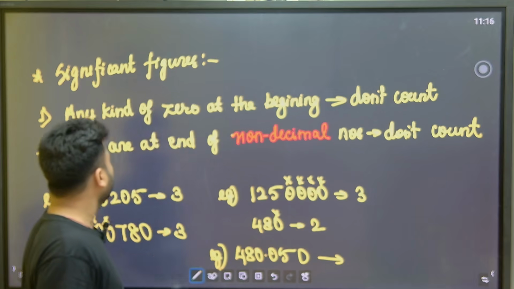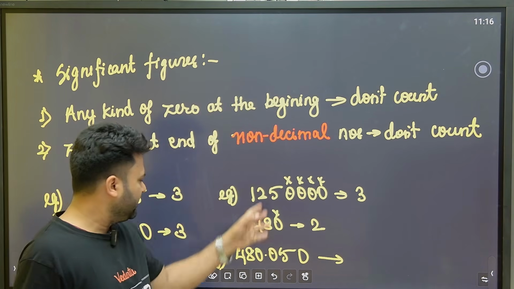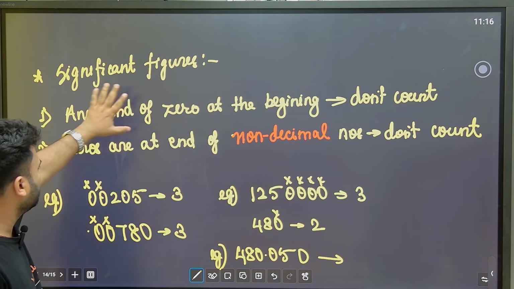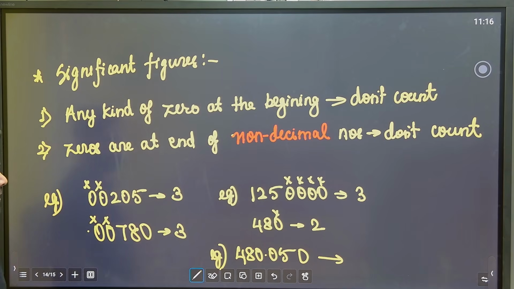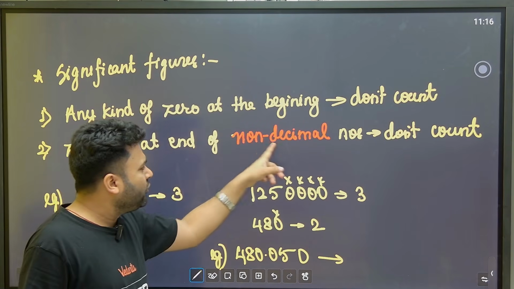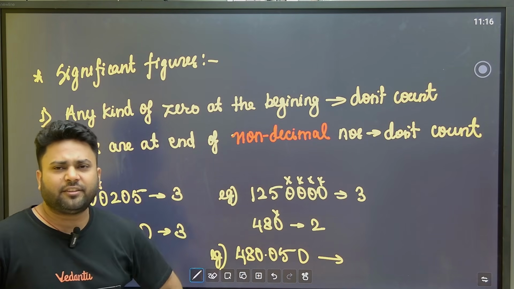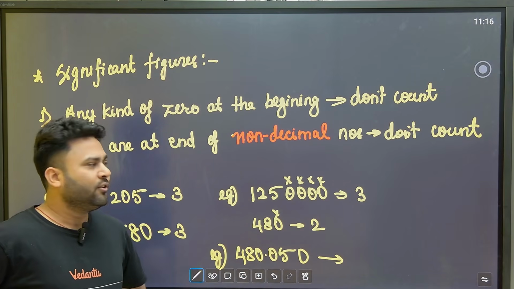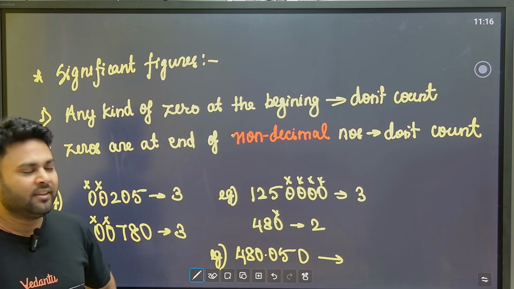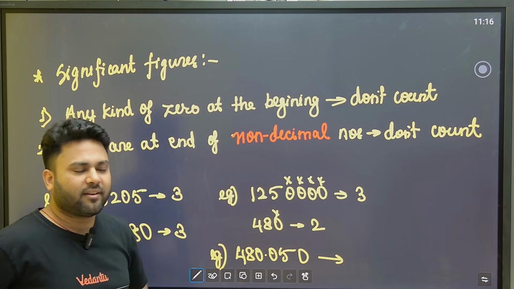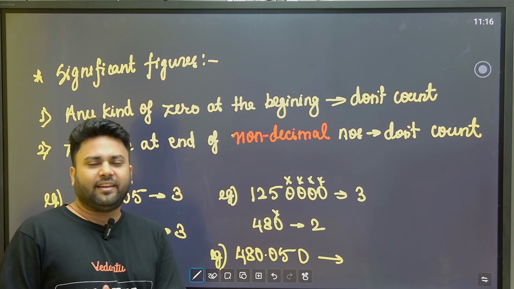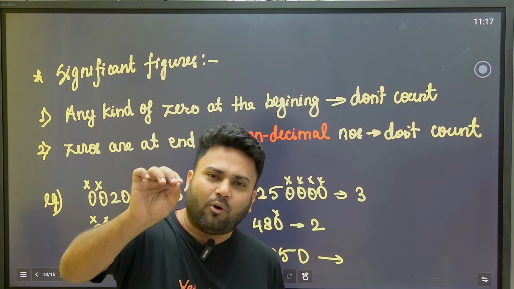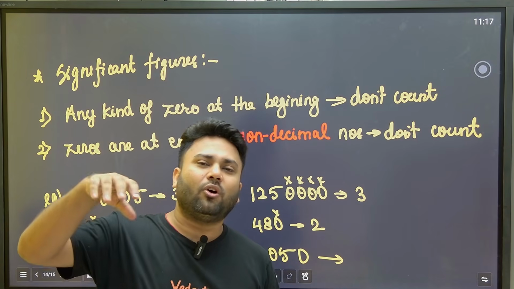So tell me, any zero at the beginning? There is no zero at the beginning. No need to think about the first point. Zeros are at the end of a non-decimal number. Is this a non-decimal number? No, it is a decimal number. So don't apply this rule. This rule is only for non-decimal numbers.